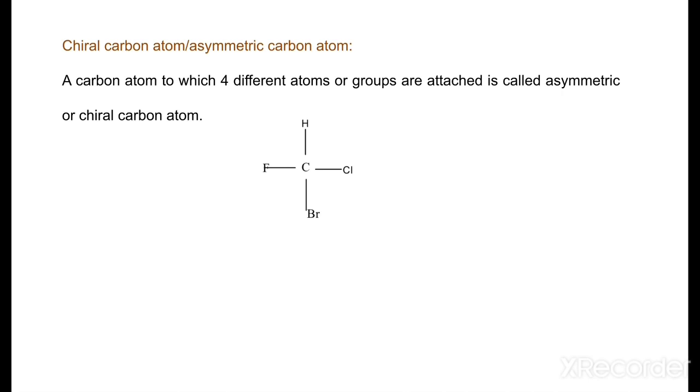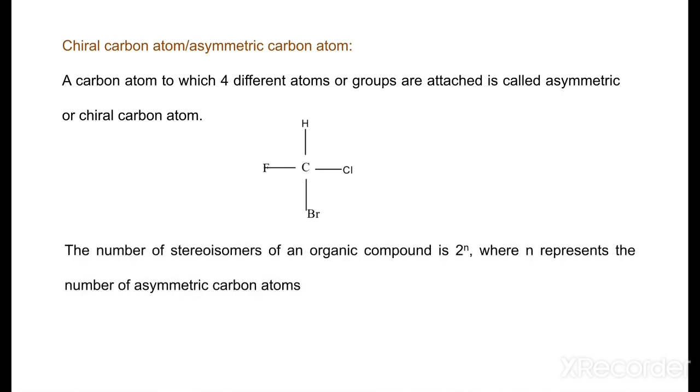Now the figure shows a carbon atom centrally placed and 4 different atoms attached. So this carbon is known as a chiral carbon atom.